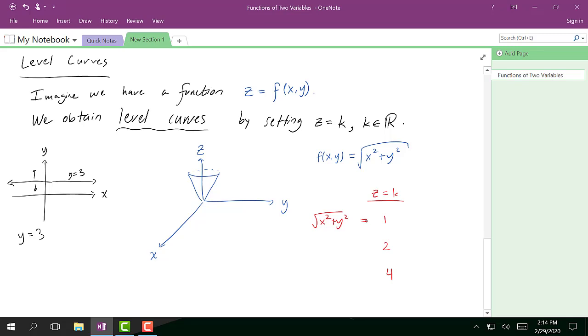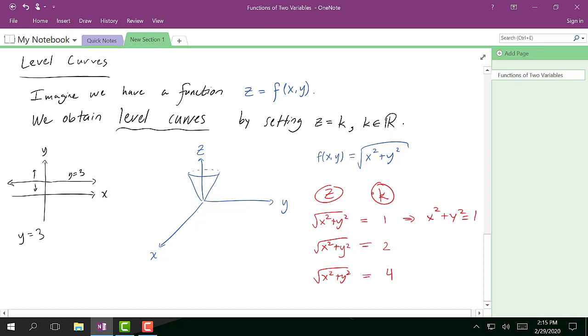So that's equal to 1. We get that x squared plus y squared equals 1. And so in each case, I'm setting z equal to this. Hopefully this makes sense. x squared plus y squared is 4. So here is z. Here are my different values of k.